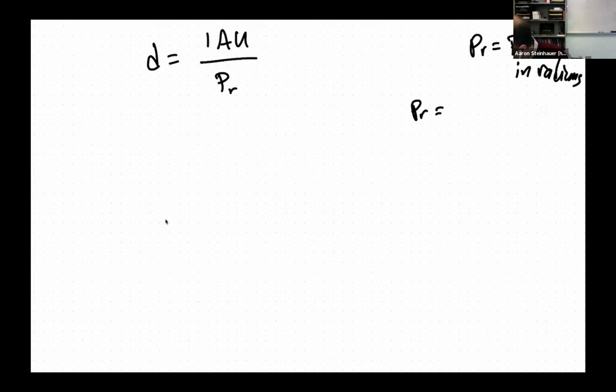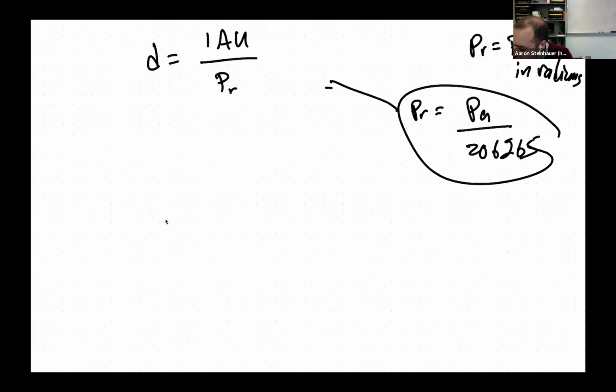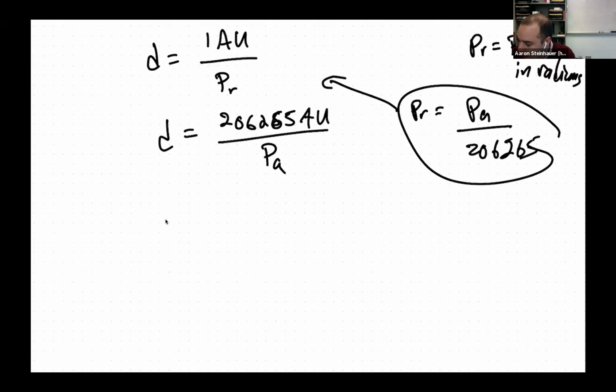So PR equals PA divided by this 206,265 number, so PA is PR times 206,265. If we plug this back in, we can do this in terms of PA instead. So distance in this case will be 206,265 astronomical units over PA.